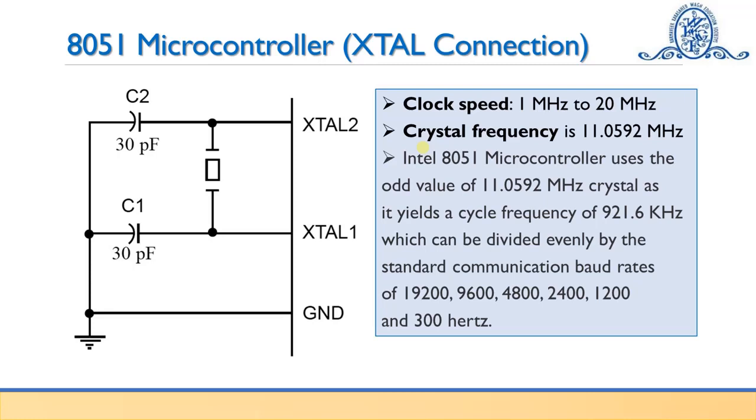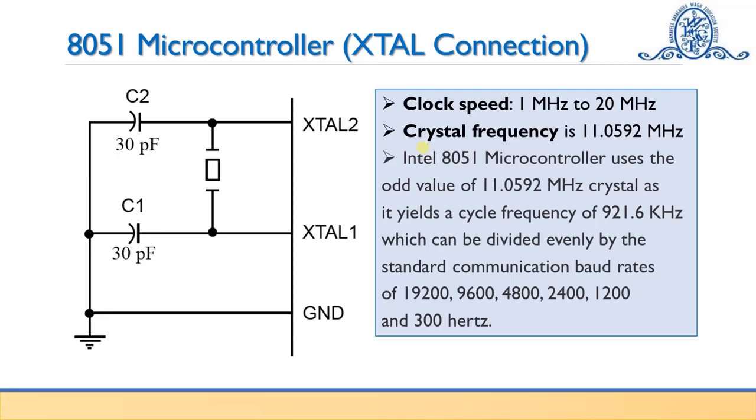So you must be wondering why this odd number is used for the frequency of the crystal. The reason is that this crystal yields a cycle frequency of 921.6 kilohertz. So if you divide this 11.0592 megahertz by 12, it will give rise to the cycle frequency.